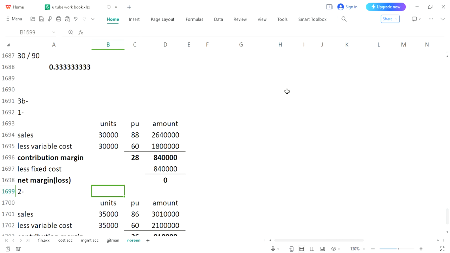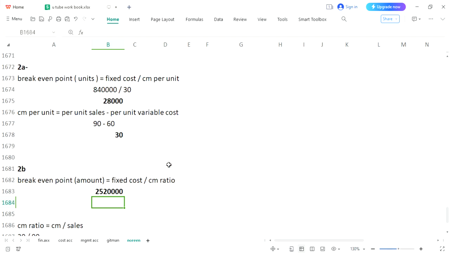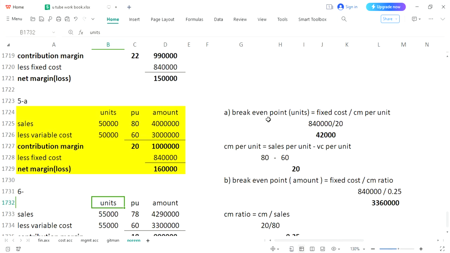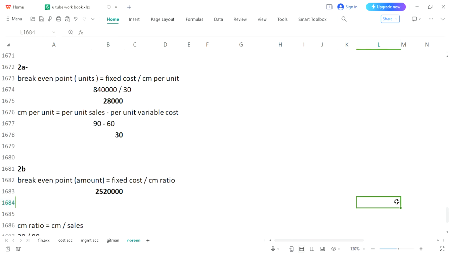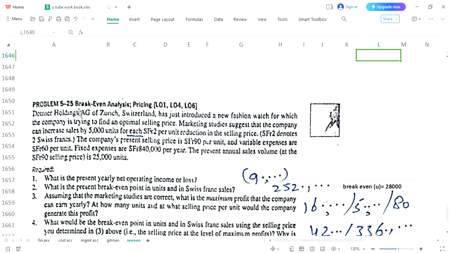Then the next answers were 50,000, 80 and 160,000. Beside it we have calculated 42,000 and 3,360,000. All answers are reviewed as well. It means finally our question 5.25 is completed.